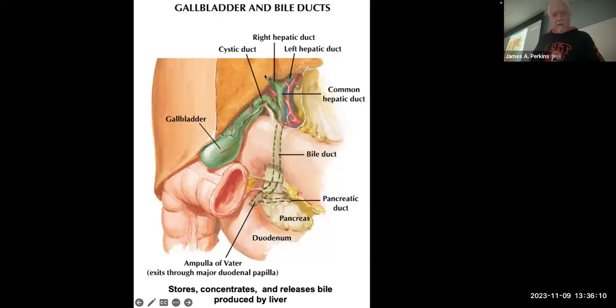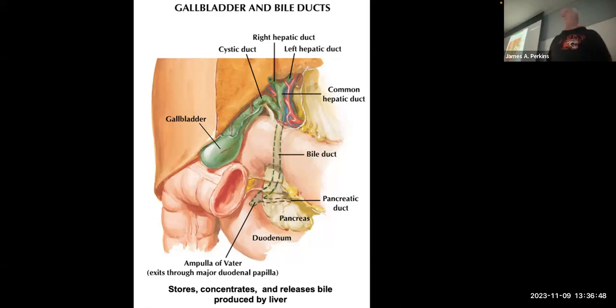So most of your day, as long as you're not eating a fatty meal, there's this slow trickle of bile being produced by the liver, flowing through left and right hepatic ducts, down through the common hepatic duct, and then back into the cystic duct to be stored in the gallbladder. And the job of the gallbladder is to simply store the bile, but also to make the bile more concentrated. The gallbladder actually absorbs water from the bile to make the bile thicker and more concentrated.